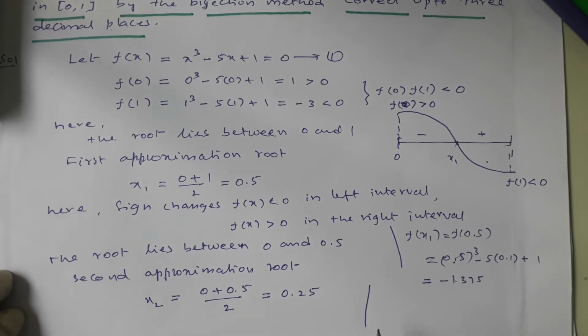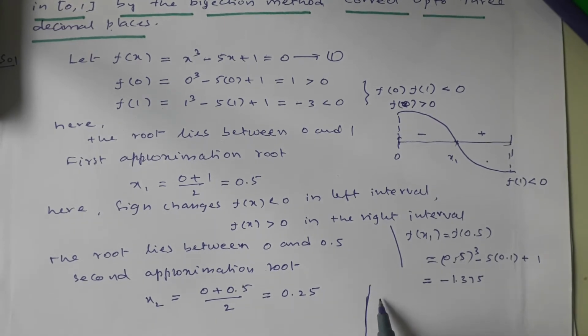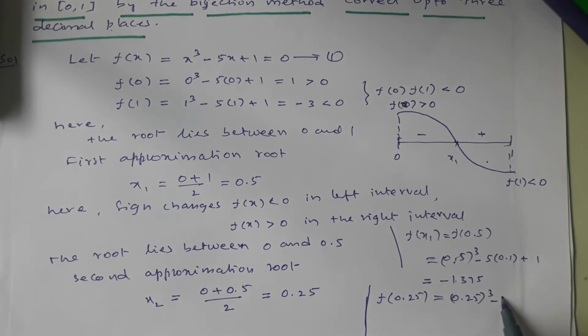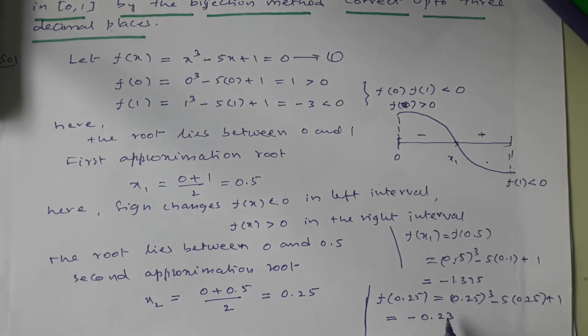So put 0.25 in the function. f of 0.25 is equal to 0.25 whole cube minus 5 into 0.25 plus 1, is equal to minus 0.234, which is less than 0.